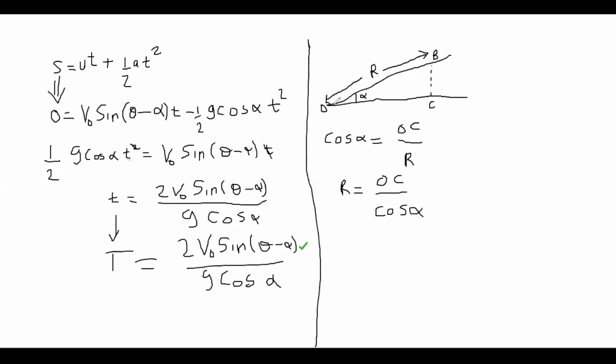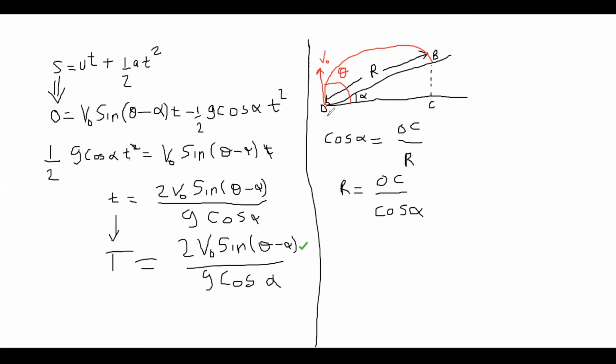But what is OC? The body is projected from point O and lands at point B, with initial velocity V naught. Remember, the angle from the trajectory to OC, we called it alpha.